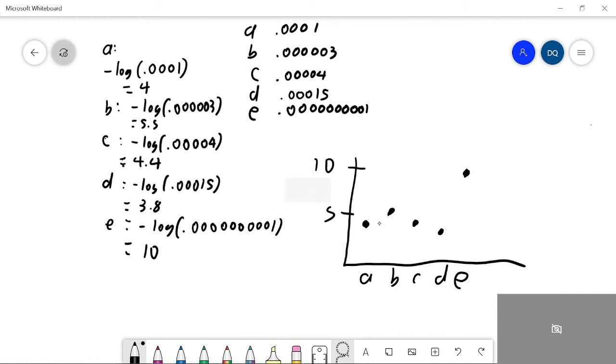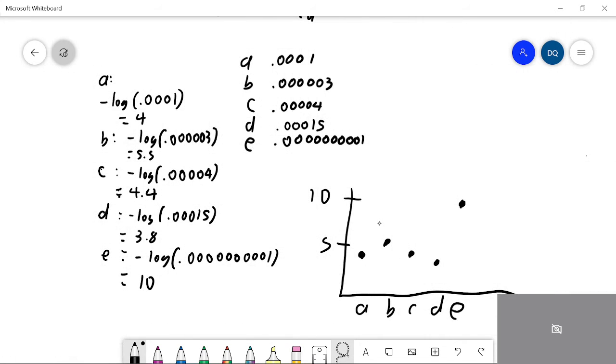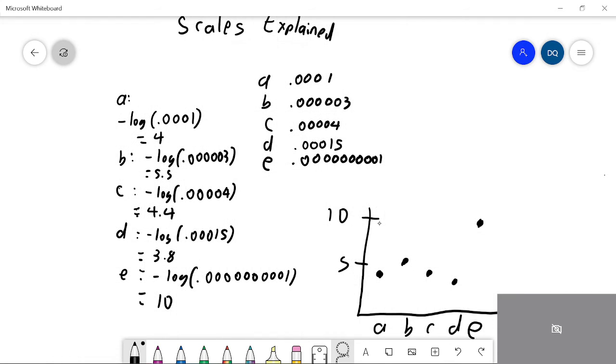They become quite manageable. Now, you have to understand the formula used to generate these numbers. In this case, because we're taking the negative, higher numbers correspond to a lower concentration, and lower numbers correspond to a higher concentration. This is done in the case of acids and bases.